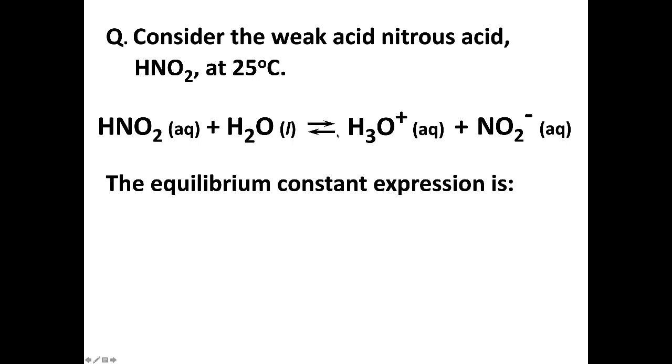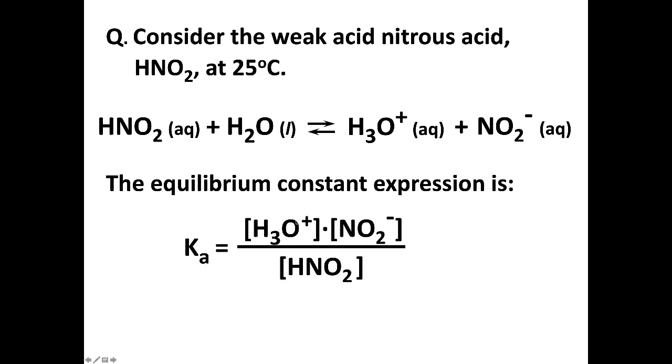This is an equilibrium, and it's a partial dissociation. The equilibrium constant for this reaction is K sub A, where A stands for acid dissociation constant, and it is the H3O+ concentration times the NO2- concentration over the HNO2 concentration.